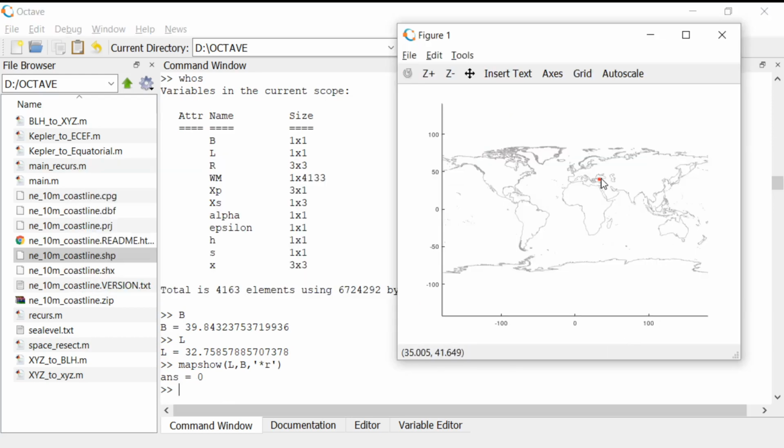As you see here, my point is in Turkey around Ankara, and it is shown by the red asterisk.